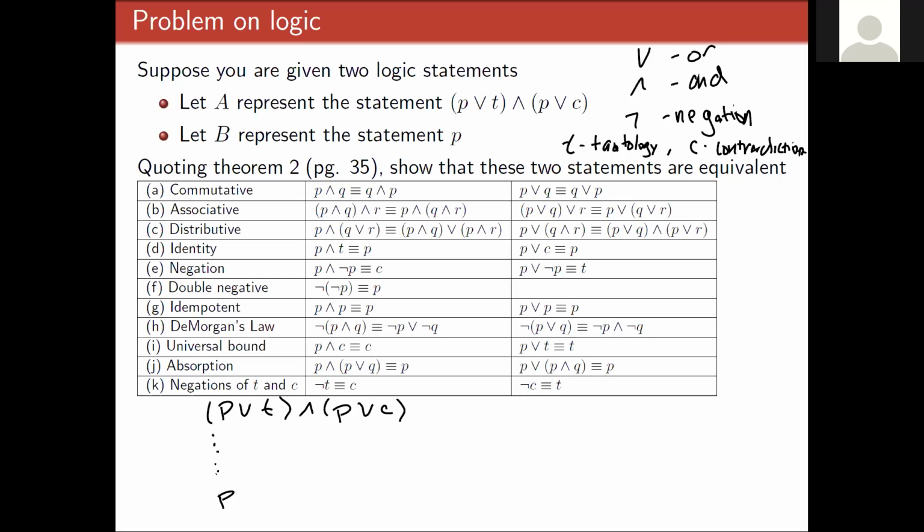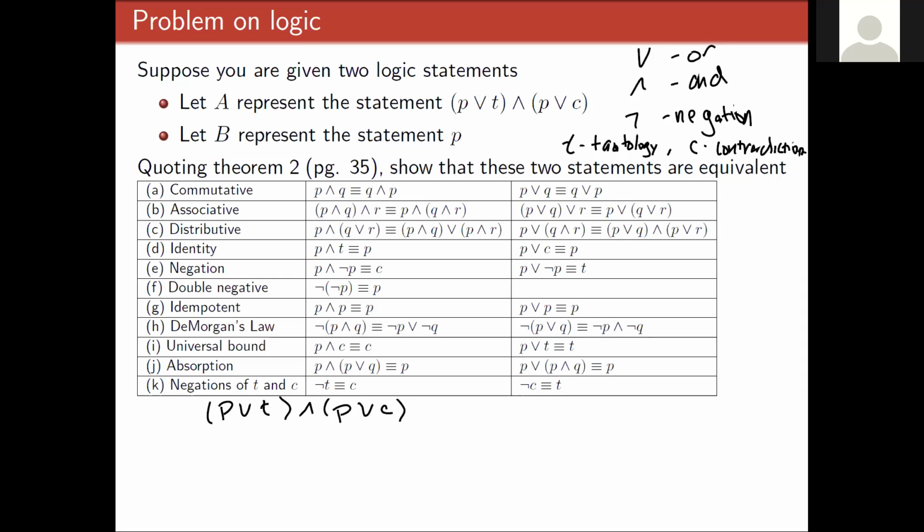All right, so hopefully that was enough time to think through this problem a little bit. So let's go through it together. Does anyone have an idea what might be the first step that we could take to prove this? Yeah, Ian.